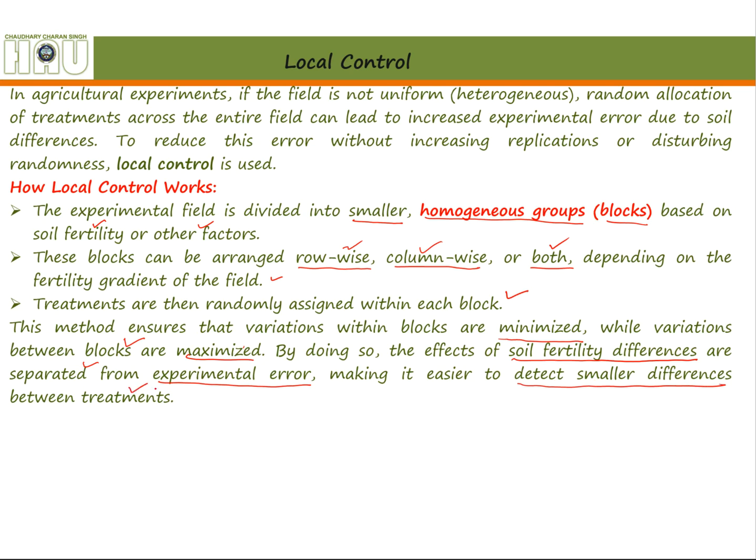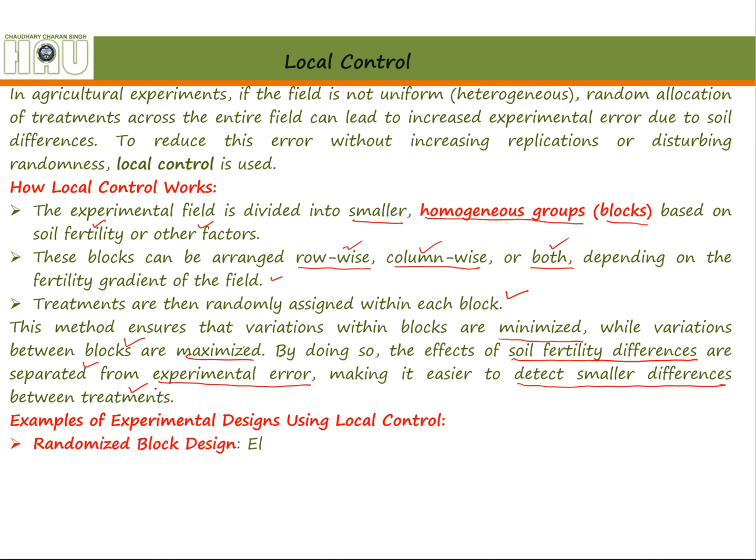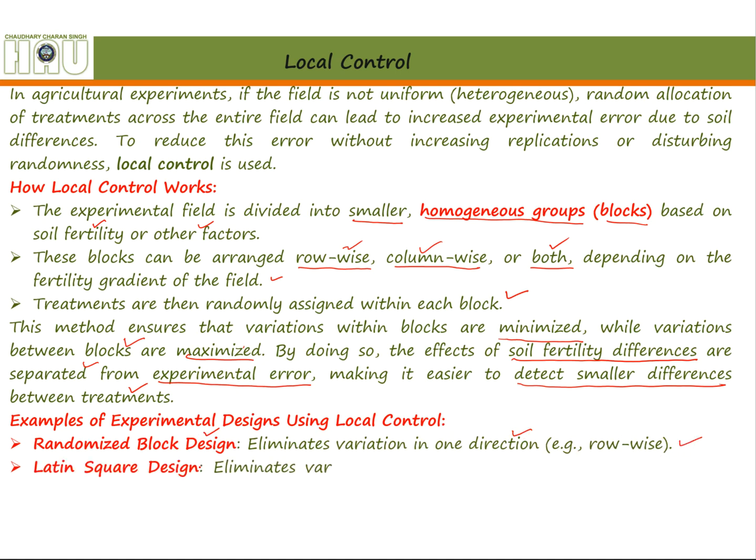So let us take examples of experimental designs using local control. First one is the randomized block design. This is a kind of design we will discuss later on. It eliminates variation in one direction, means row wise. Number two, the Latin square design.